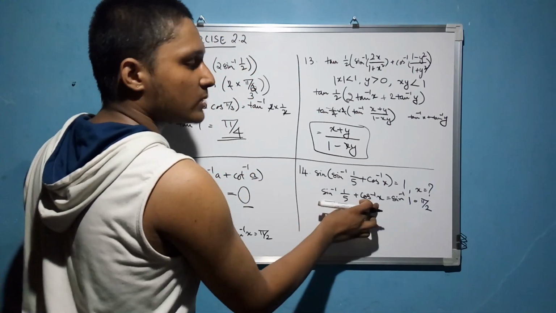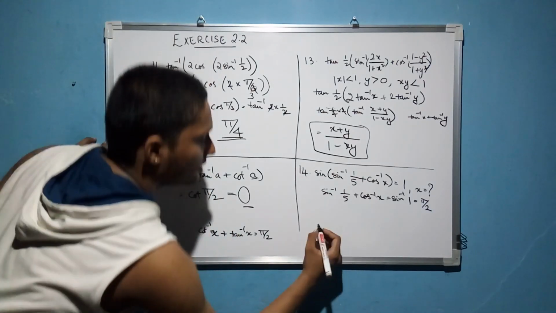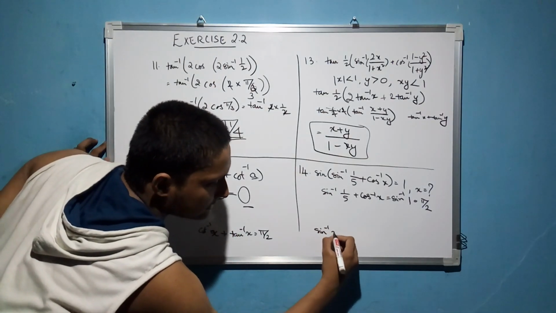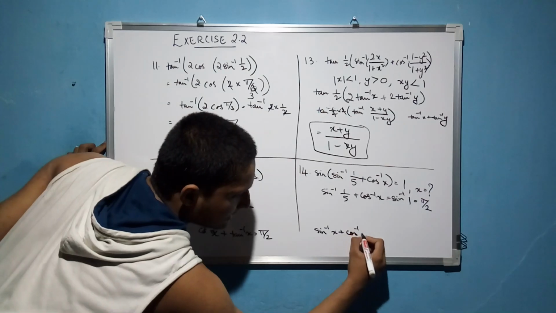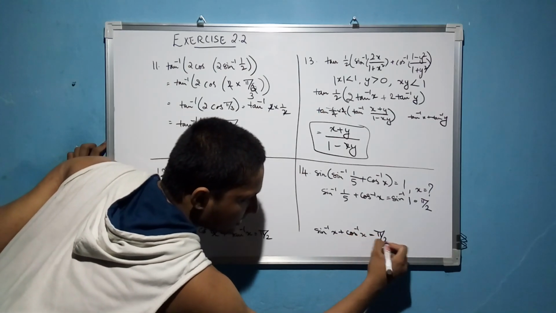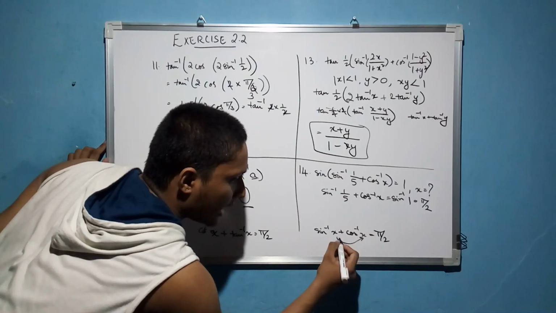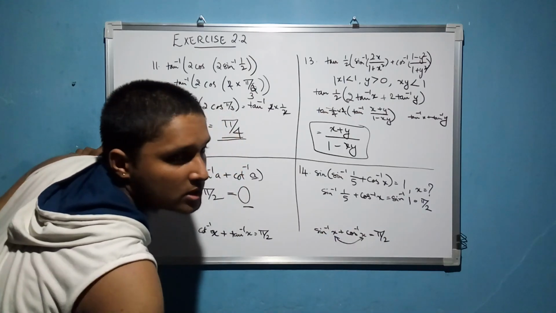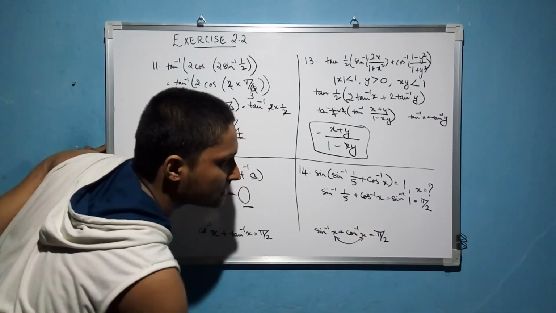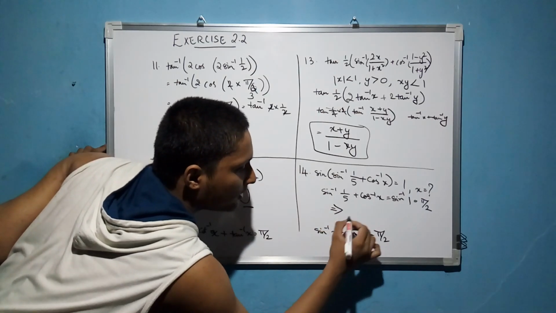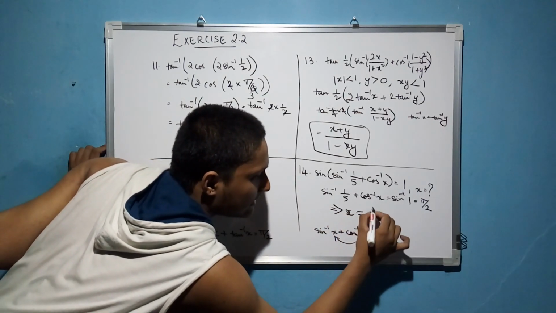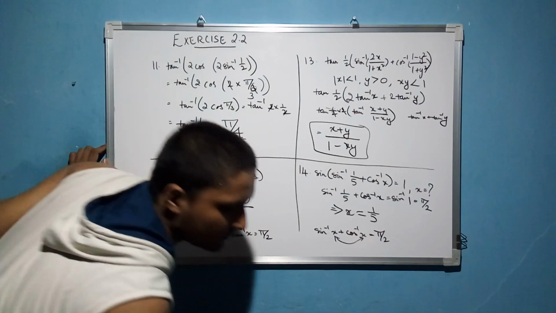That means that these two angles are equal. We knew that sine inverse x plus cos inverse x is equal to pi by 2. Therefore, these two angles have to be the same in this case also, because their sum is pi by 2. Therefore, we can just tell that x is equal to 1 by 5.